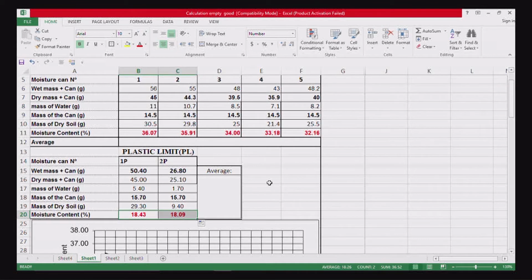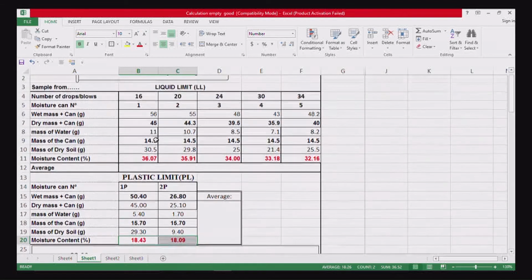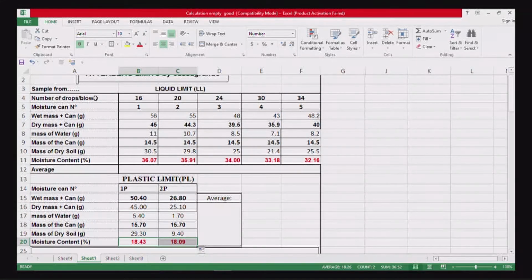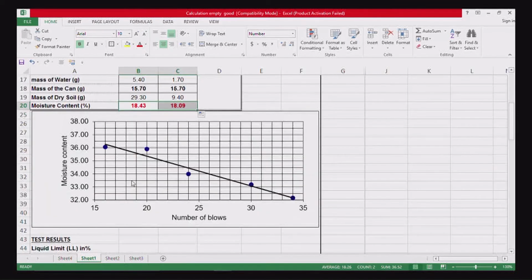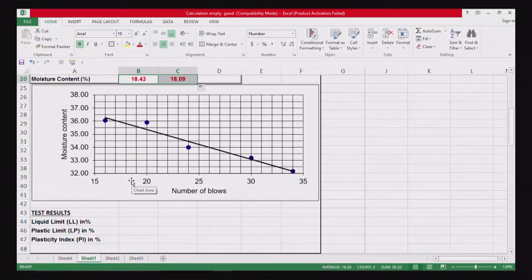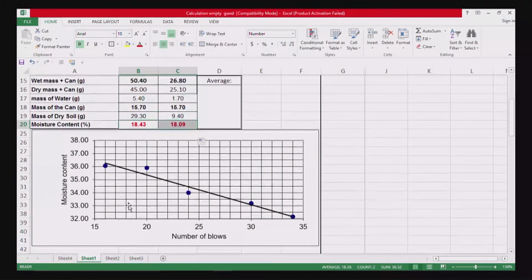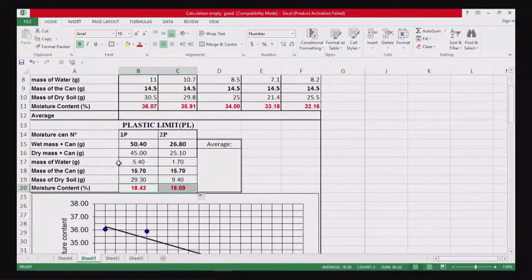Then after calculation, you plot the number of drops or number of blows with moisture content for liquid limit. Then we are going to calculate the average for moisture content of liquid limit and the average for plastic limit.